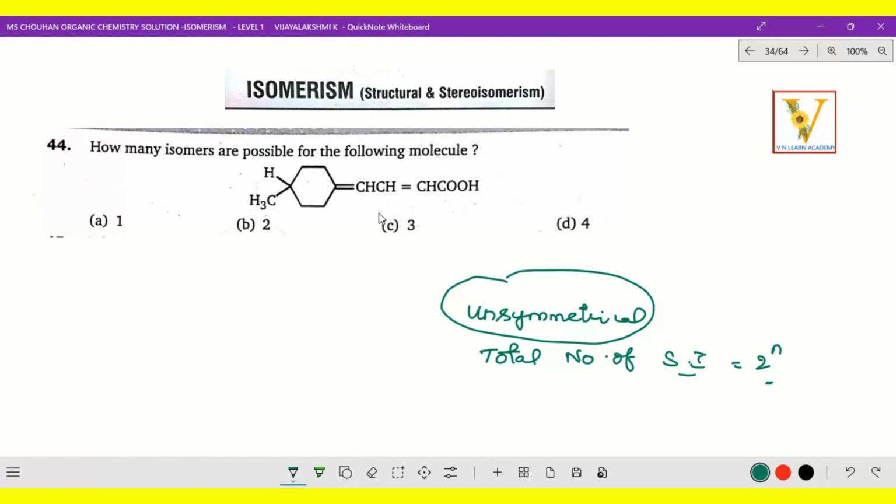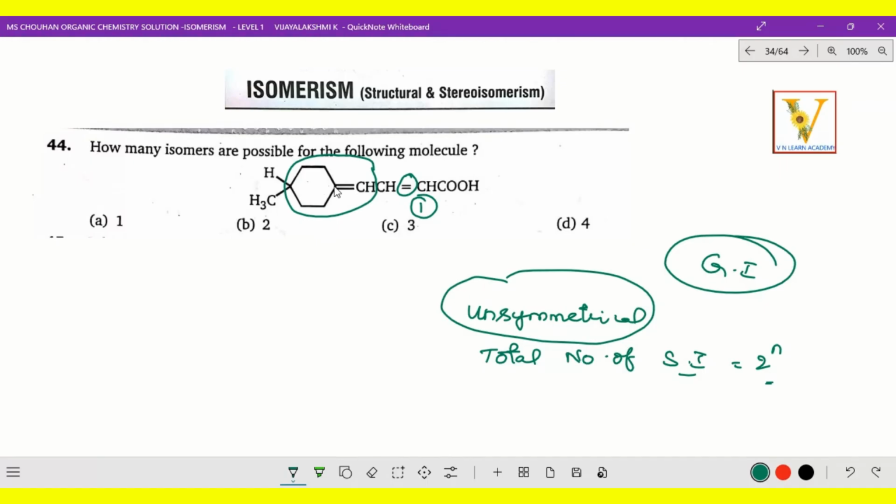And one more point for stereoisomers: mainly geometrical isomerism has to be present. Here, CH double bond CH, one geometrical isomerism is available. And the next one, a cumulene structure is available, with a ring-type arrangement.